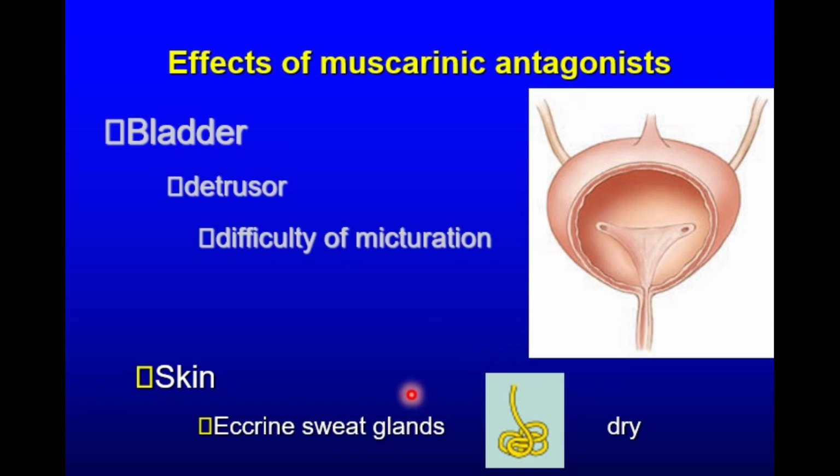Although eccrine sweat glands are innervated by sympathetic neurons, if you remember, the postganglionic neurons are cholinergic and receptors are muscarinic. Therefore, muscarinic antagonists prevent sweating, causing skin dryness. Generally, it can be said that muscarinic antagonists reduce exocrine gland secretion.